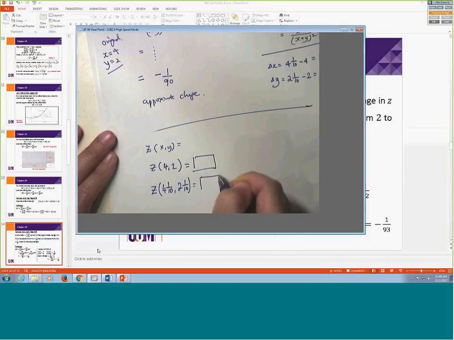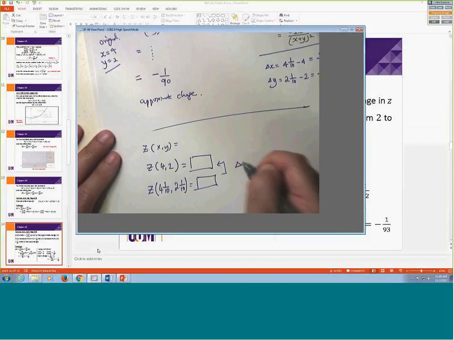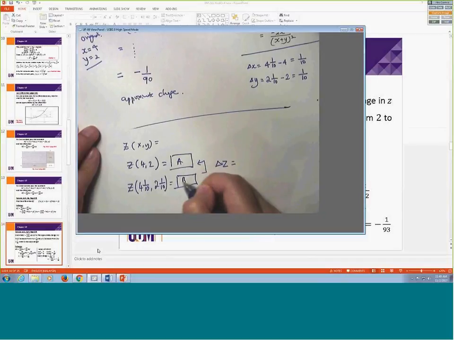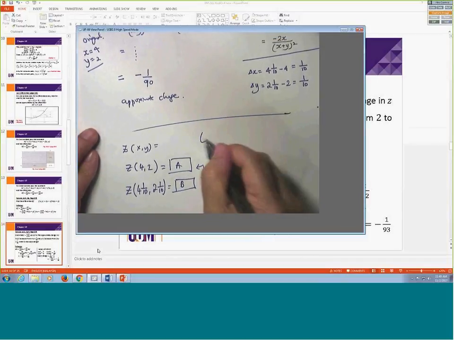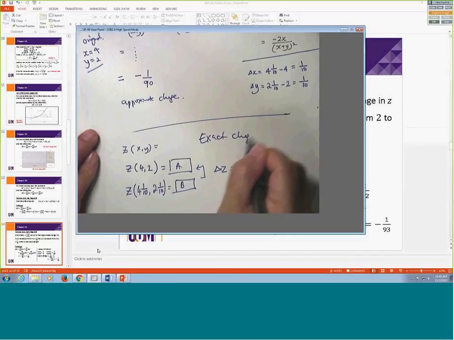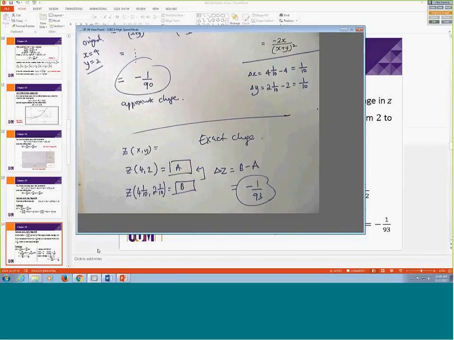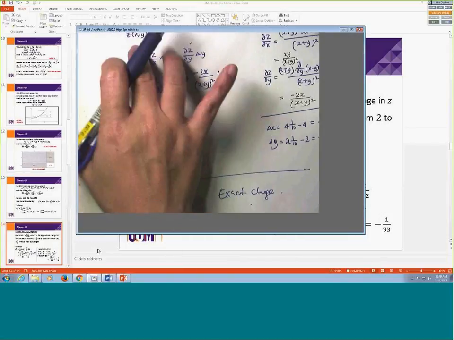So the exact change will be, take the value b minus a. This is the exact change. So you will get an answer that is a little bit different, because this is exact, this is only approximate by using the formula.